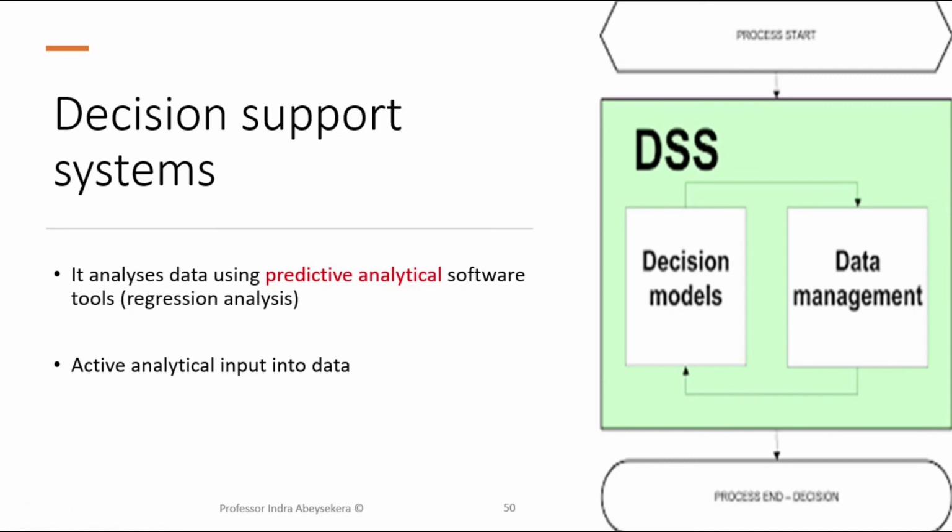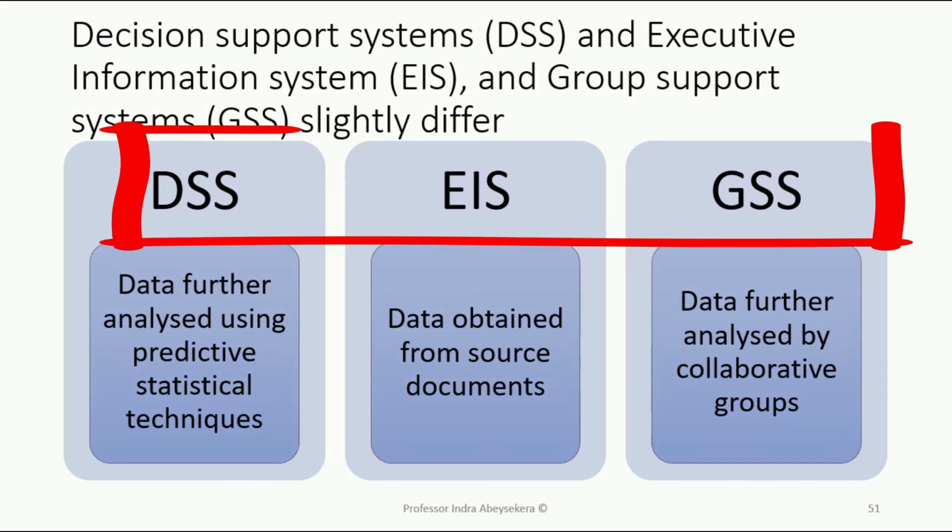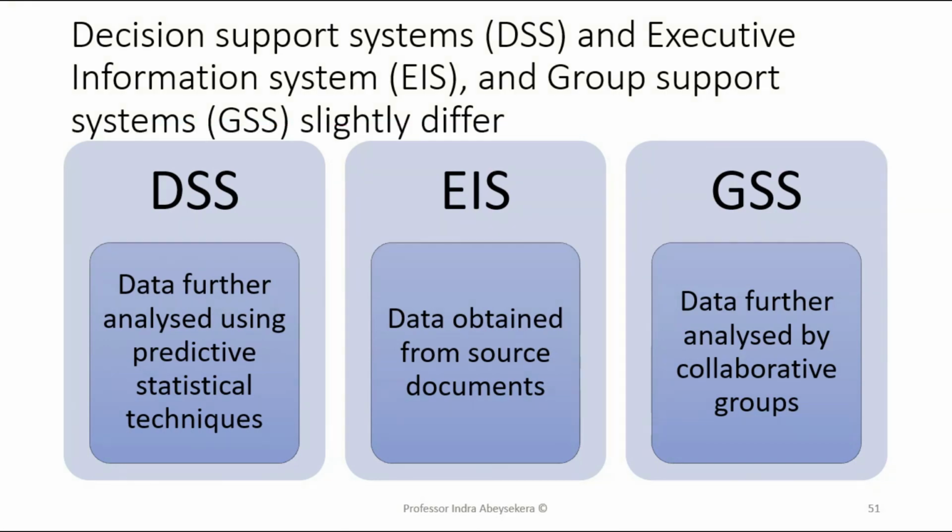Decision support systems is where we use data for predictive analysis. There's data management, and there are decision-making models. So decision support systems, executive information systems, and group support systems look similar, but they're slightly different.